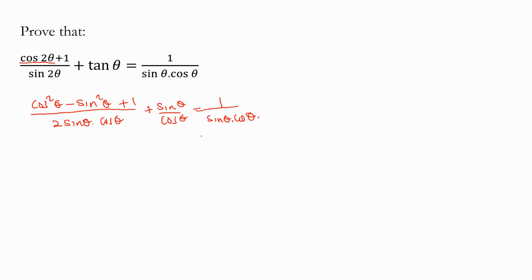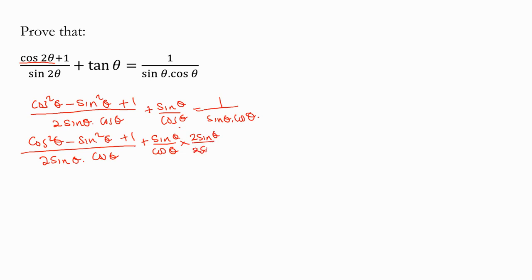So we can find our LCD here, which is 2 sin theta cos theta. So we have to multiply this fraction here by 2 sin theta. The numerator we multiply by 2 sin theta, the denominator by 2 sin theta. So it becomes cos squared theta minus sin squared theta plus 1 over 2 sin theta cos theta plus sin theta over cos theta, and then times 2 sin theta over 2 sin theta. You see that?